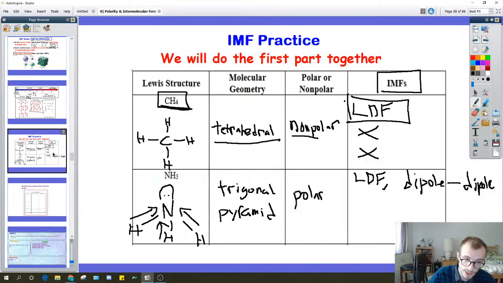It's possible because there are H's and they're forming bonds. If an H is bonded to a nitrogen, an oxygen, or a fluorine, it does have hydrogen bonding. In this case, hydrogen is bonded to a nitrogen, so this extra strong dipole is going to result in hydrogen bonding. So that is also included.